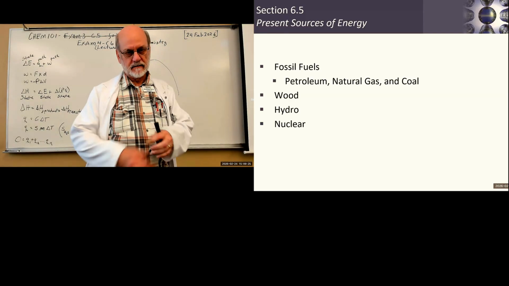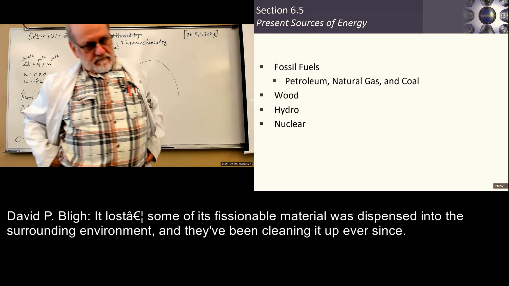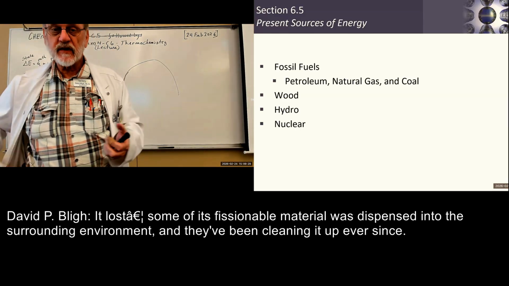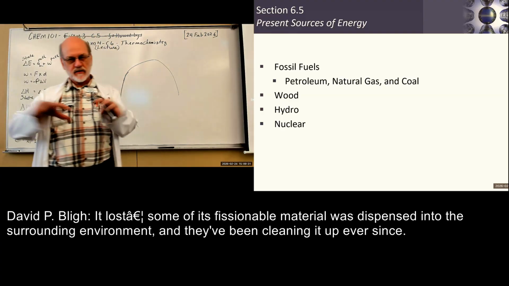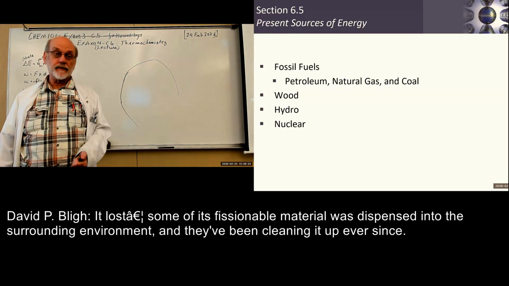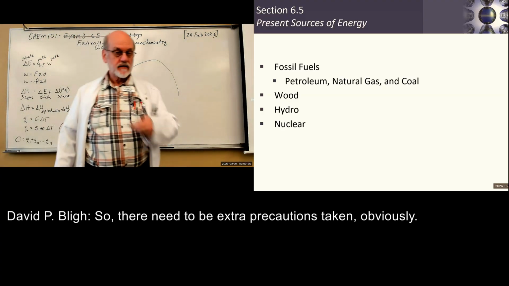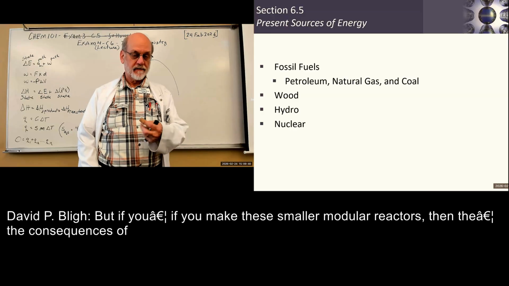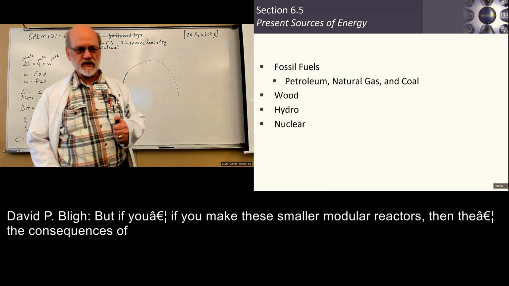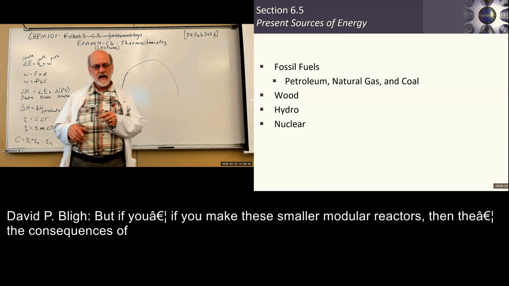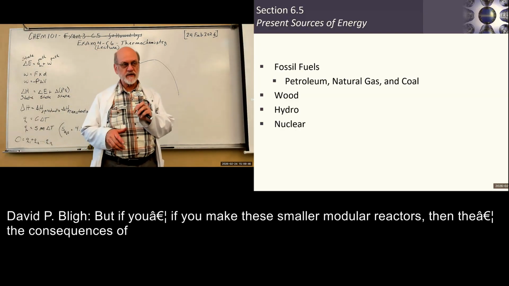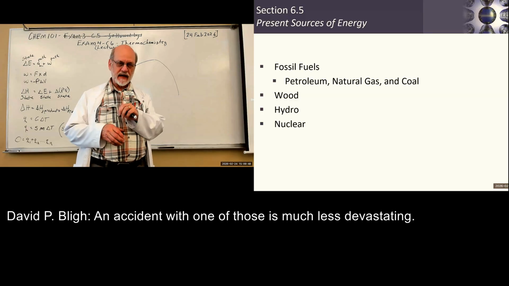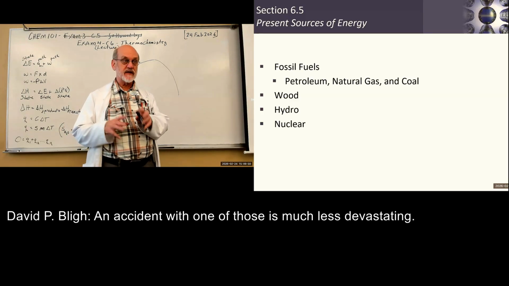And it lost some of its fissionable material, was dispensed into the surrounding environment. They've been cleaning it up ever since. So there need to be extra precautions taken, obviously. But if you make these smaller modular reactors, then the consequences of an accident with one of those is much less devastating.